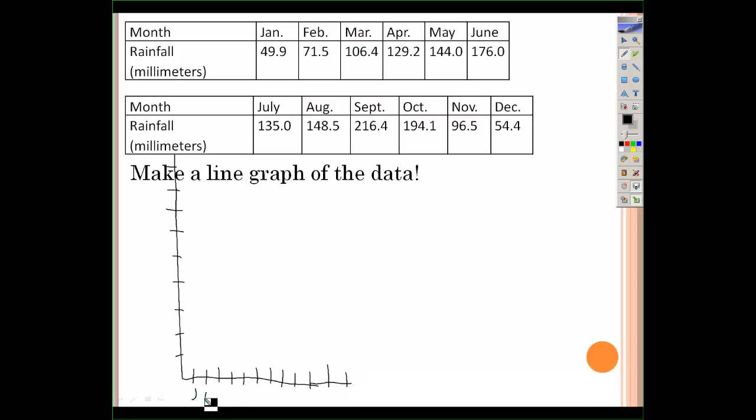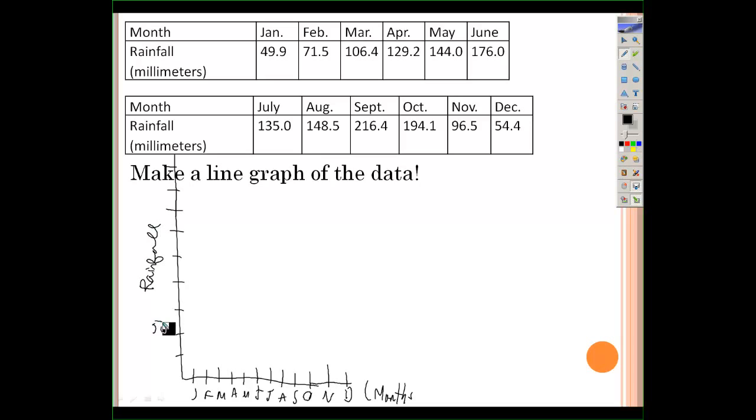And I'm just going to abbreviate the months. So my months are on the bottom. I really need to label my axes. The bottom is going to be my months. I'm running out of room here. And the side axis is going to be my rainfall. So I'm going to label that rainfall.